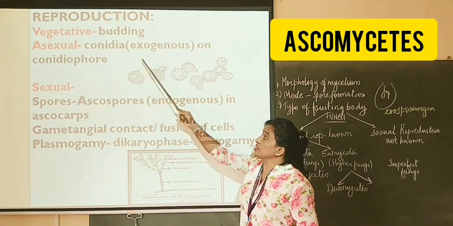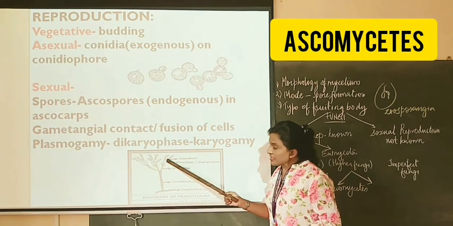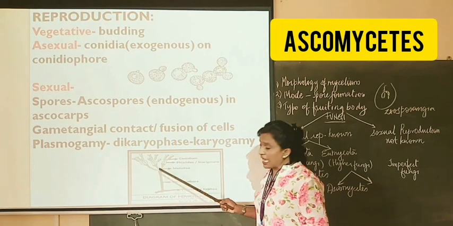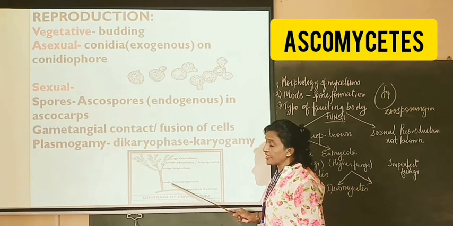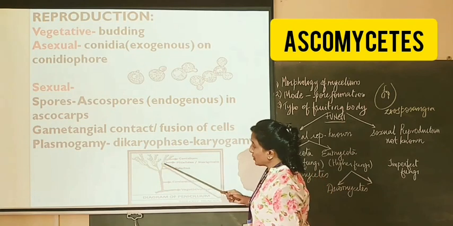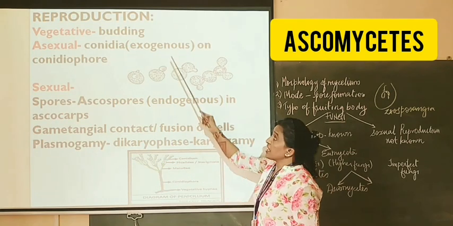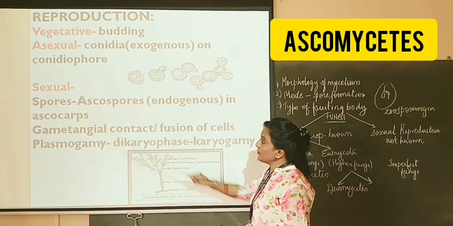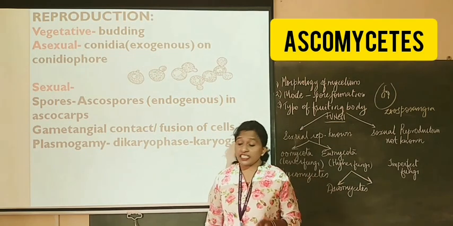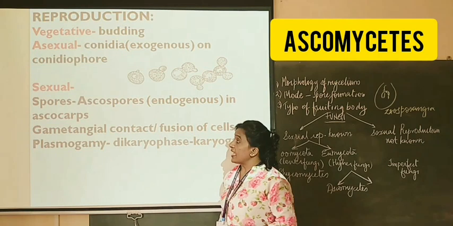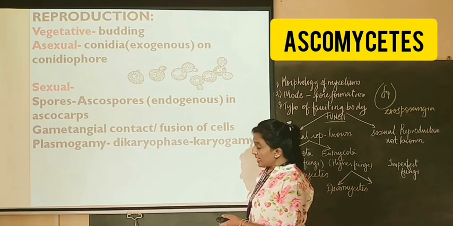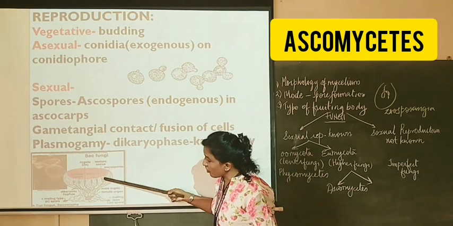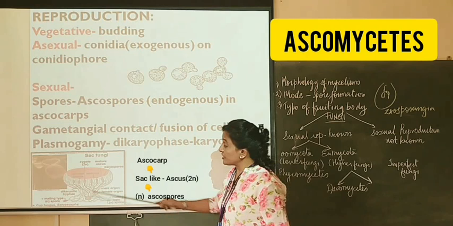Asexual reproduction is through conidia. We can see here there are many conidia born on the hyphae, and that hypha we call a conidiophore. So these conidia are placed exogenously, that is on the hyphae. Sexual reproduction occurs through spores called ascospores, and these ascospores are formed in a structure called the ascus.